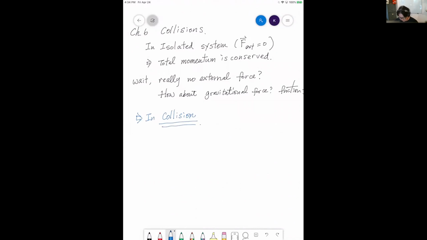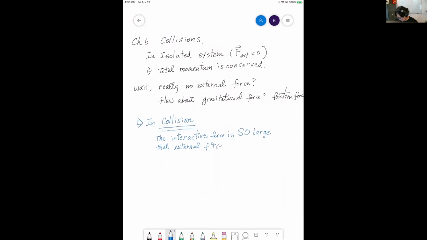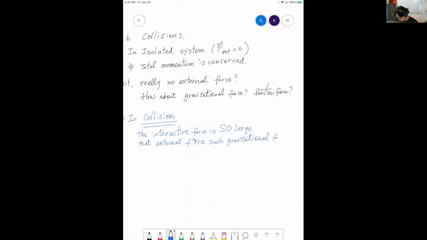The interactive force, this interactive force of the colliding force is so large that external force, of course, such as gravitational force, becomes negligible.